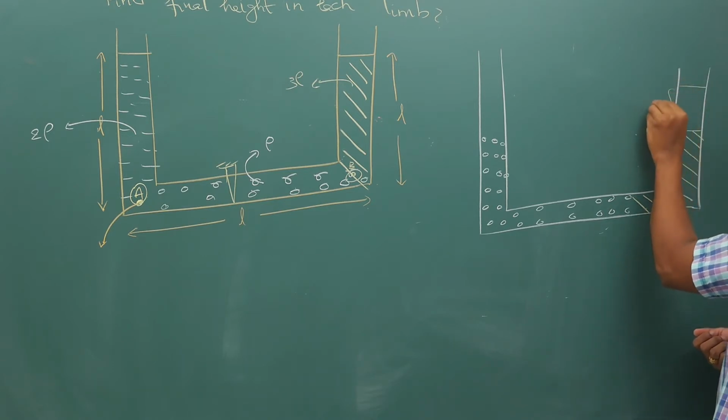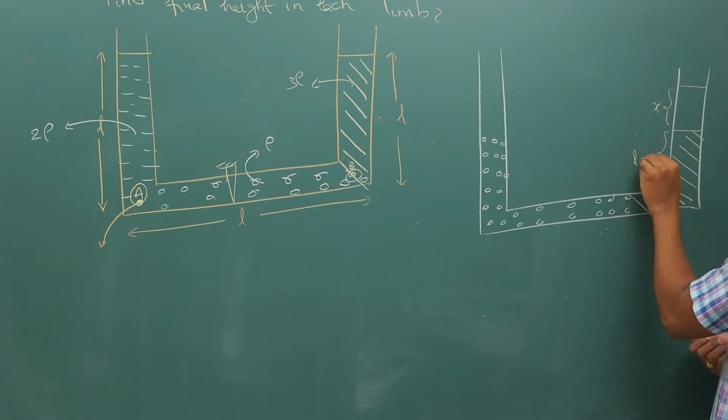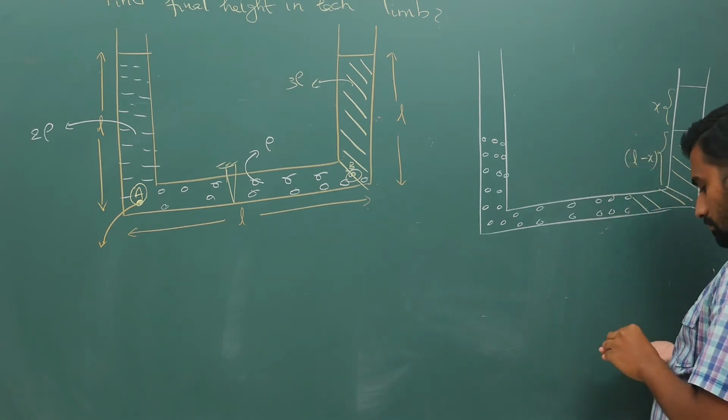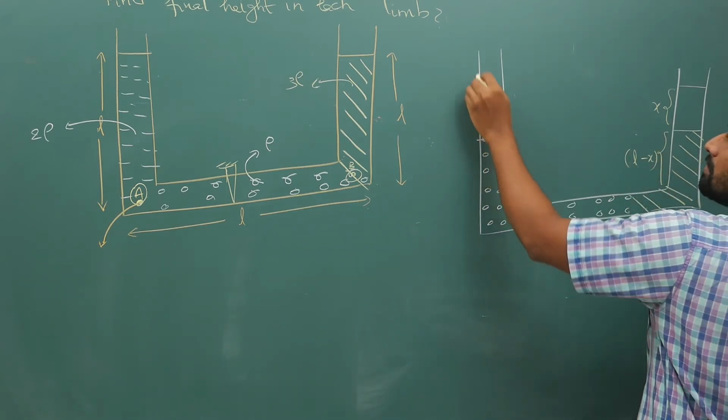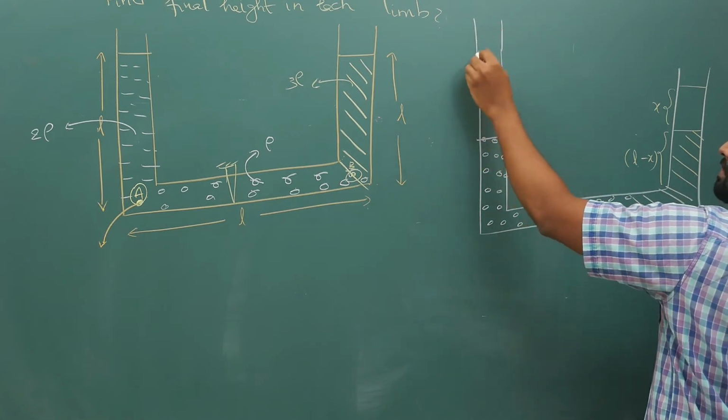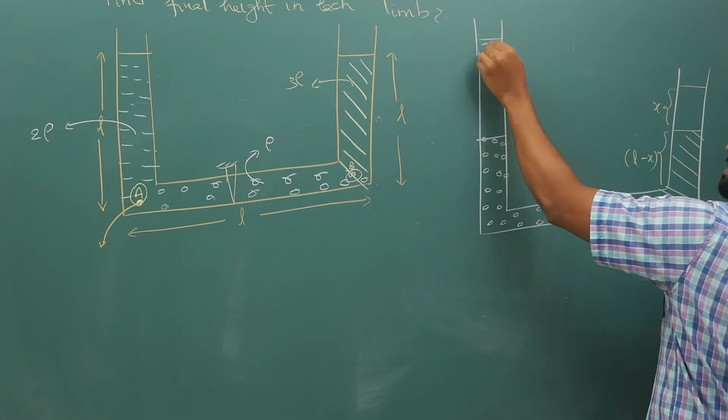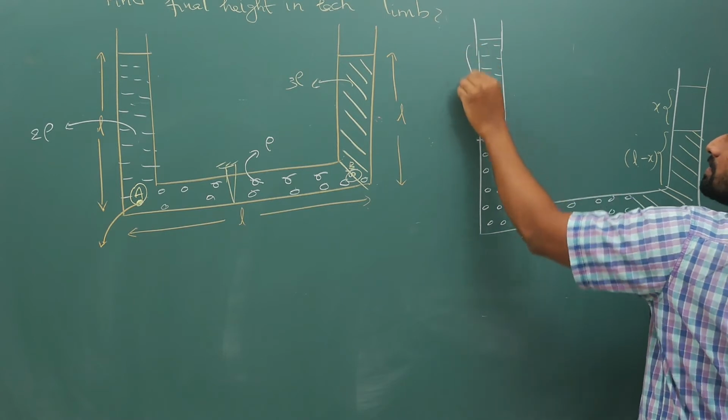If it drops down by x, this side is L minus x. This side, if it rises by L height, this liquid will rise by L.